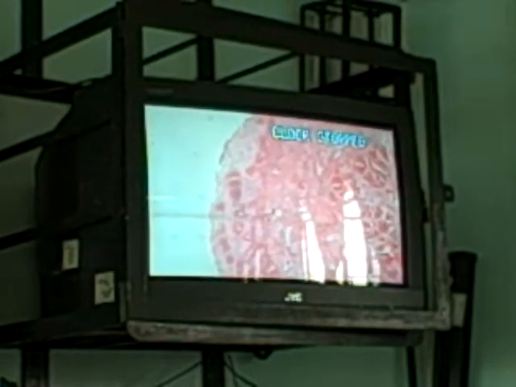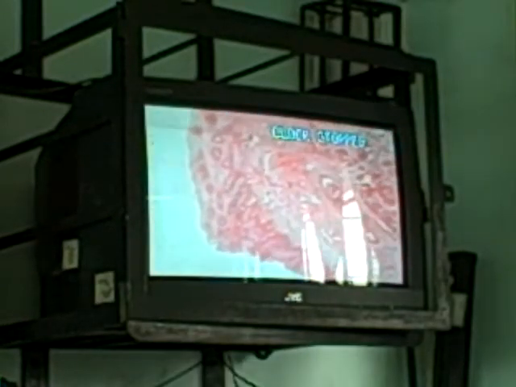Okay? So you just scan this one. You will notice that they become thicker, with more increase in the vascularity of the underlying connective tissue. That's why it's pinkish in color, because of the vascularity of the supporting tissue.